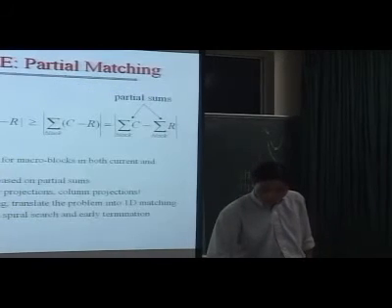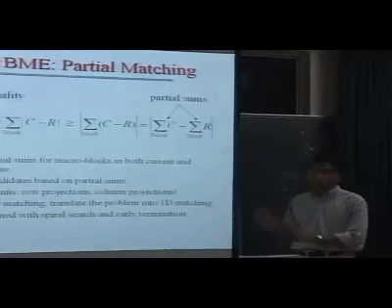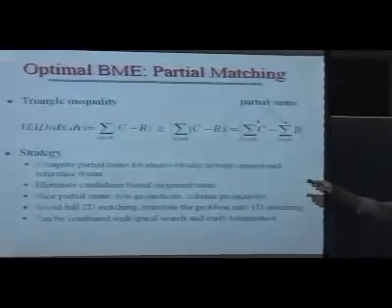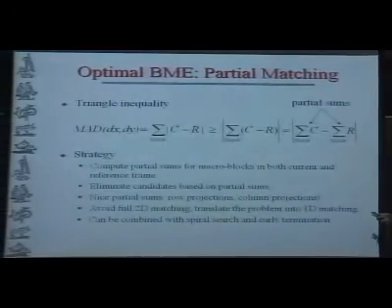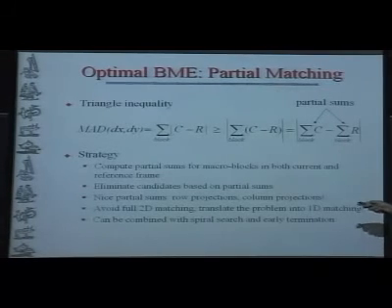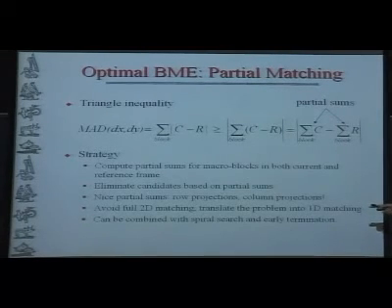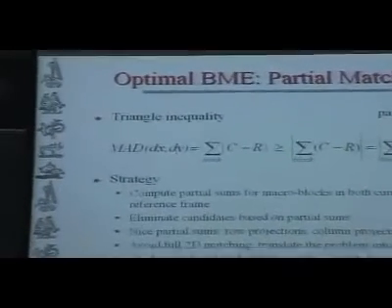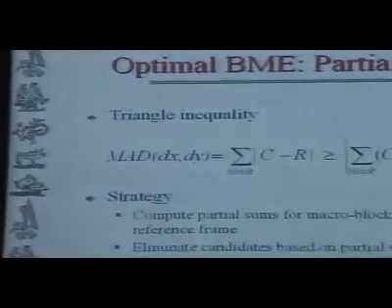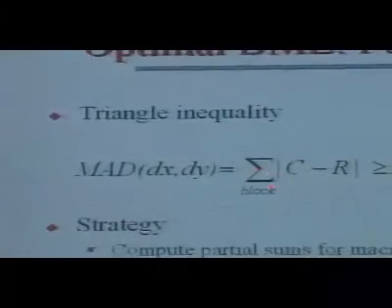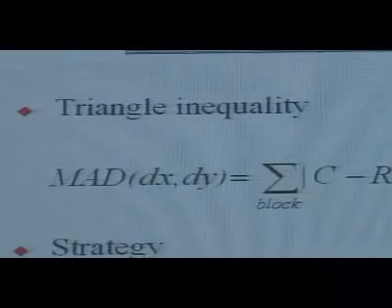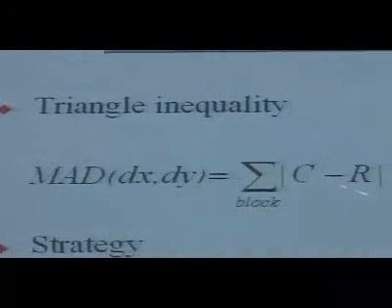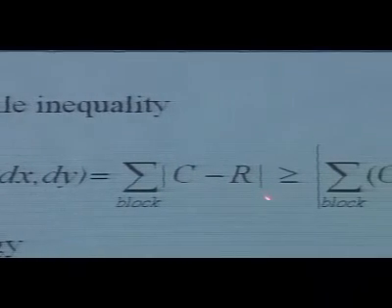Okay? Next, still optimal, but based on something we call partial matching. And that comes from a very nice observation. The triangle inequality. We all know this, right? The MAD or the SAD is basically, so instead of doing the double summation, I do the single one, but it's over all the pixels, okay? This is the absolute value of C minus R, right? Okay?